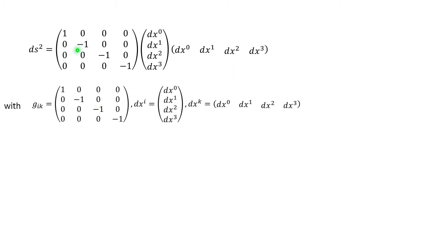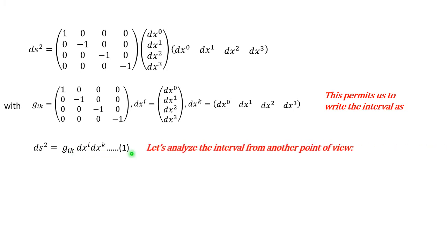Now this matrix here can be denoted as gik. So this is gik, and then dxi is the second matrix in the middle, and dxk is this last matrix. This permits us to write the interval as ds squared equals gik dxi dxk. We'll call that equation 1.